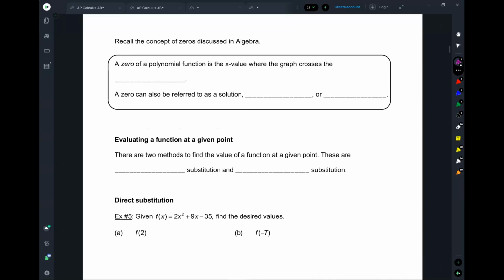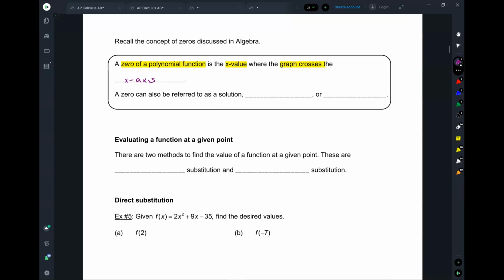Okay, so that's one thing. I just did that to get it out of the way. Now we can see where this is used. Remember when you were taking algebra and you talked about zeros of a function, you learned that a zero of a polynomial function is the x values where the graph crosses the x-axis.